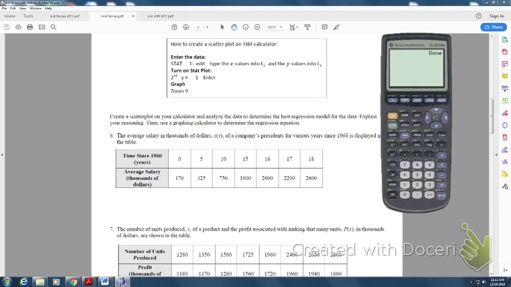So go ahead and put this into stat edit. Kind of follow along with me up here.